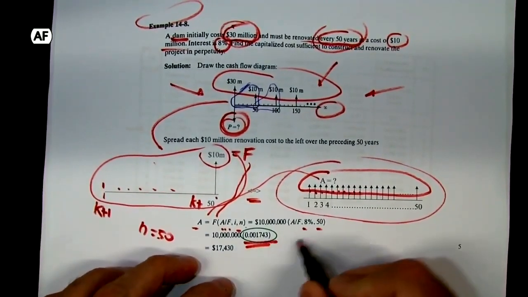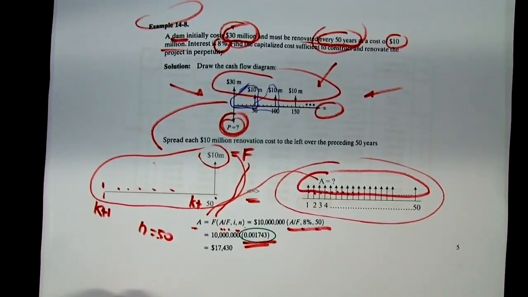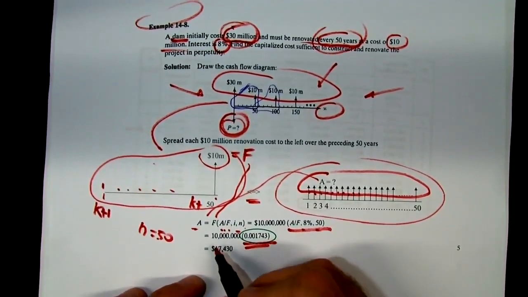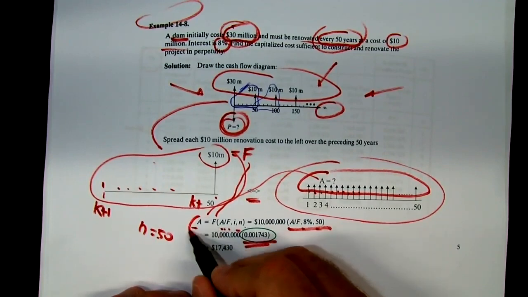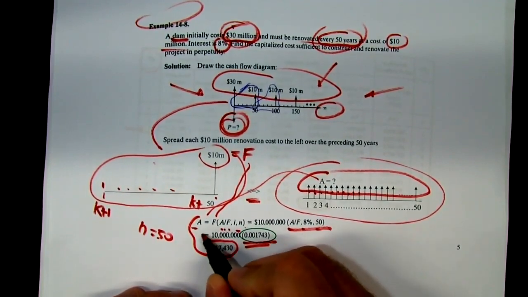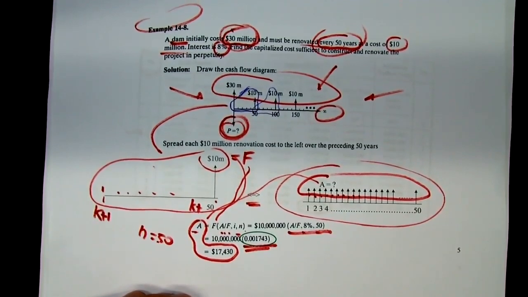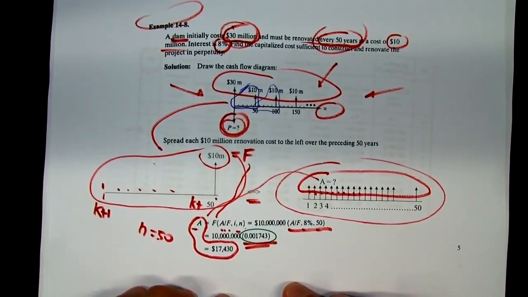This one is your A given F, 8%. You do simple math here, and you identify your A value equal to 17,430.